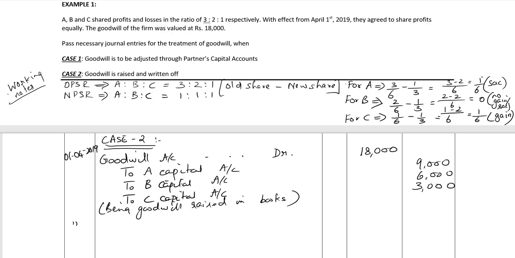On the same date, the next entry for writing off goodwill, A's capital account debit, B capital account debit, C capital account debit, to goodwill account.